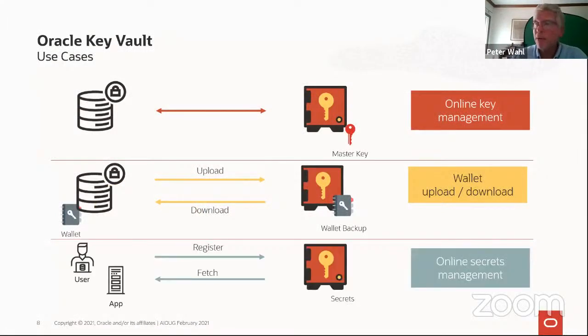So we basically came up with a third use case. The first use case that everybody knows OKV for is online key management for your TDE-enabled databases. Then the other thing that we always offered was to upload and download a wallet. If you do not want your databases to talk to OKV directly, you should at minimum upload the TDE wallet into OKV, which gives you another backup copy.